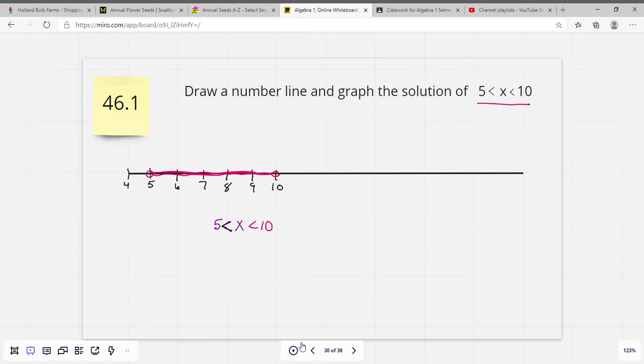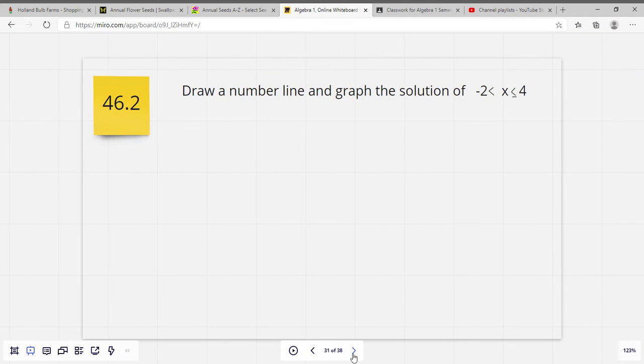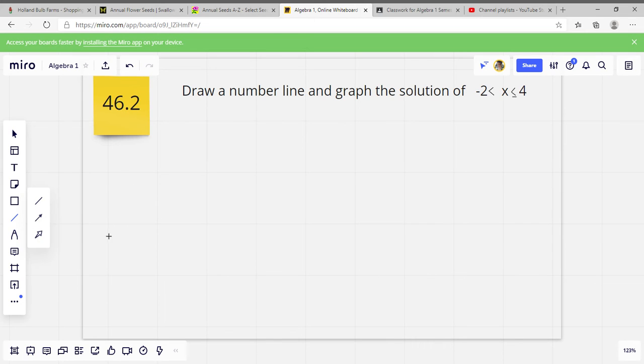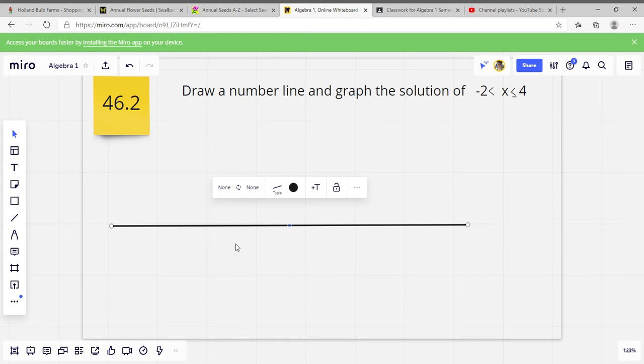All right, let's try another example. Draw a number line and graph the solution of -2 is less than x, which is less than or equal to 4. So for this one, I'm going to draw my number line real quick. All right, and I'm going to start with marking this number line.